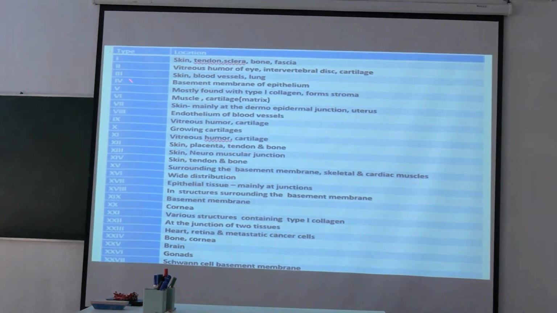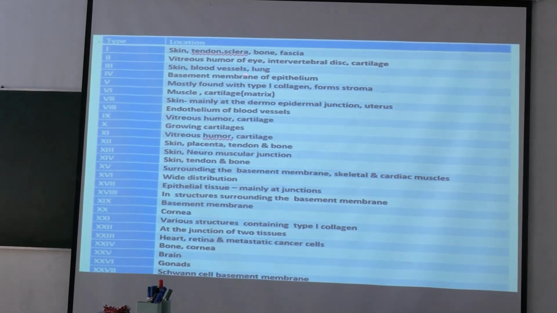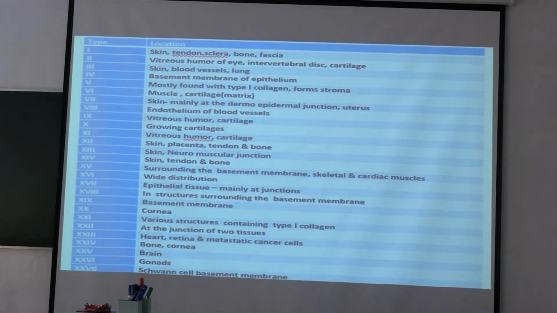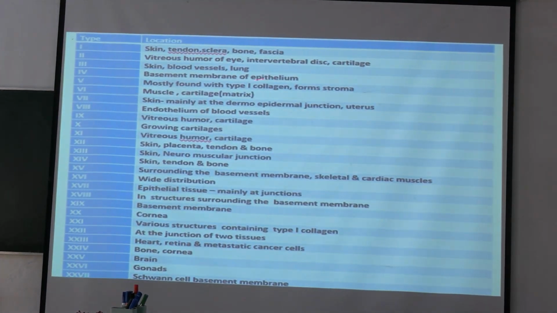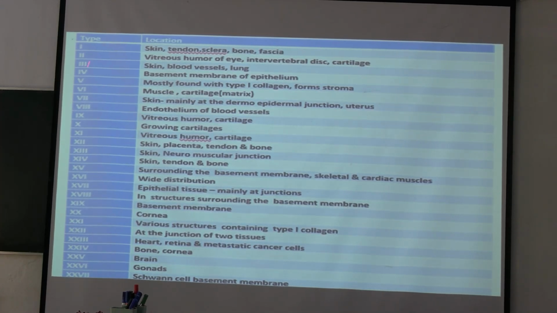Type 3 you will get in skin, blood vessels and lung. Type 4 is in the basement membrane of the epithelium. Type 5 is mostly found with type 1 collagen and forms the stroma. Type 6 you will get in muscle and in the matrix of cartilage mainly. So up to type 6 it is generally important.